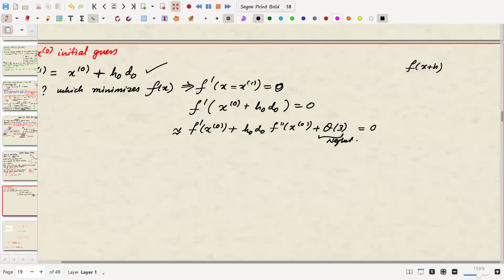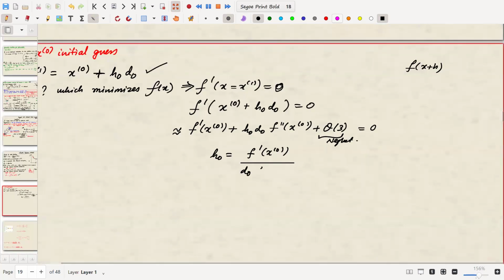But can you see that something is going to happen here? Can you see that we are able to get h naught from this? What should be h naught? H naught equals f dash divided by, good. So h naught is the negative of this.